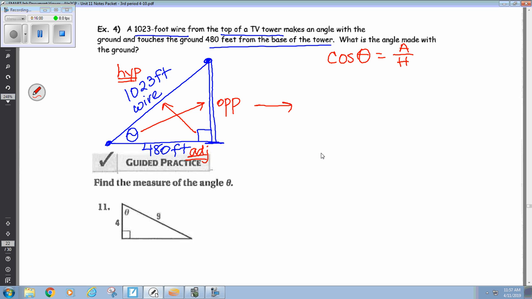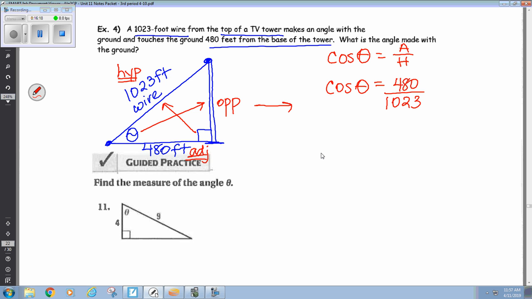Now we fill in the formula. Cosine theta is equal to 480 over 1,023.